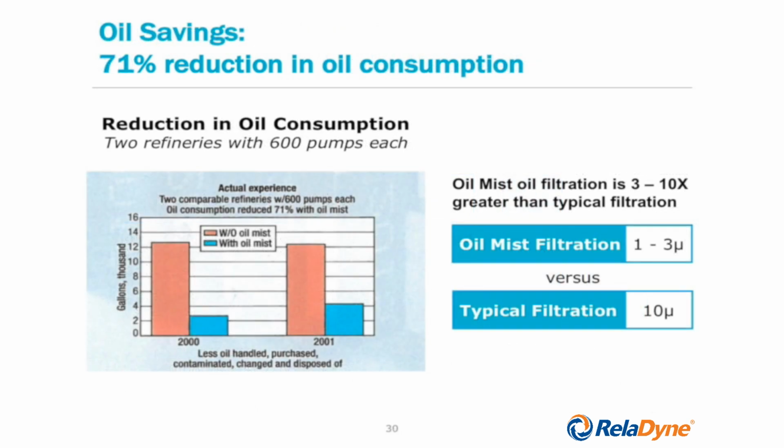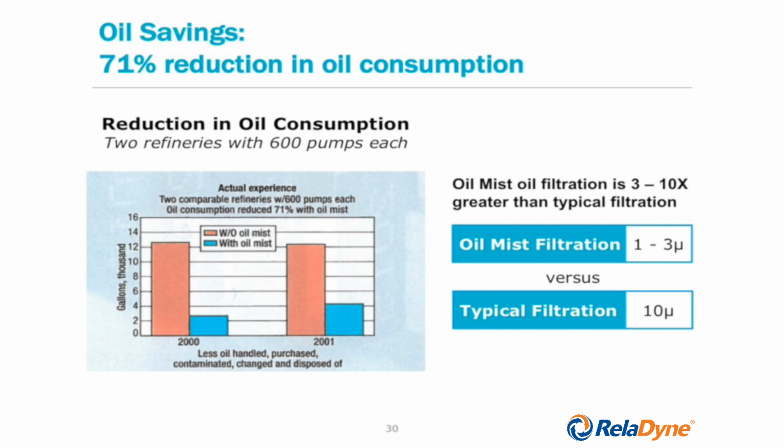Then we have a reduction in oil consumption. I mentioned earlier in the webinar that it is typically 60%, but here in these two refineries it was 71%. And so why do we have a reduction in oil consumption? Well, obviously, we are no longer in need of replacing the liquid oil.